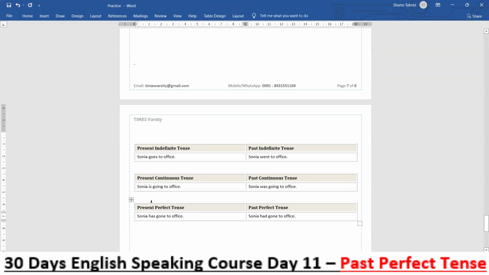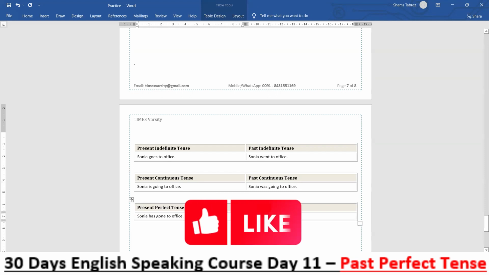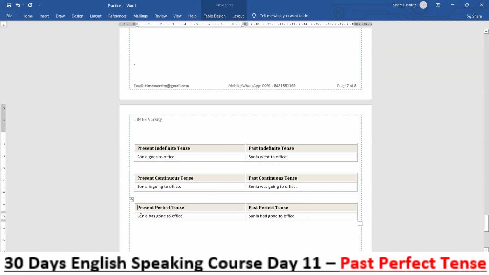And if we see perfect tense, you can see here in present perfect tense, has or have helping verb is used, and with third person singular, has helping verb is used, and the verb is the third form of the verb, gone. So Sonia has gone to office. Similarly, in past perfect tense, had helping verb is used and the third form of the verb.